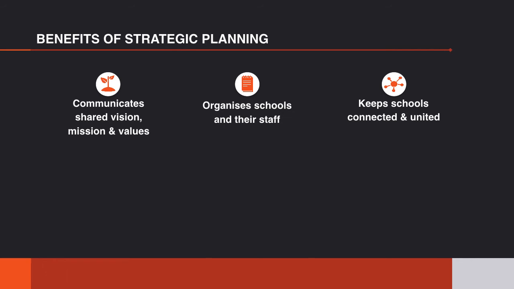It keeps schools connected and united as it promotes teamwork and collaboration, as everyone is working towards a common goal. It also increases communication and clarity. Communication is critical for the strategic planning process. It provides transparency and clarity for everyone involved.